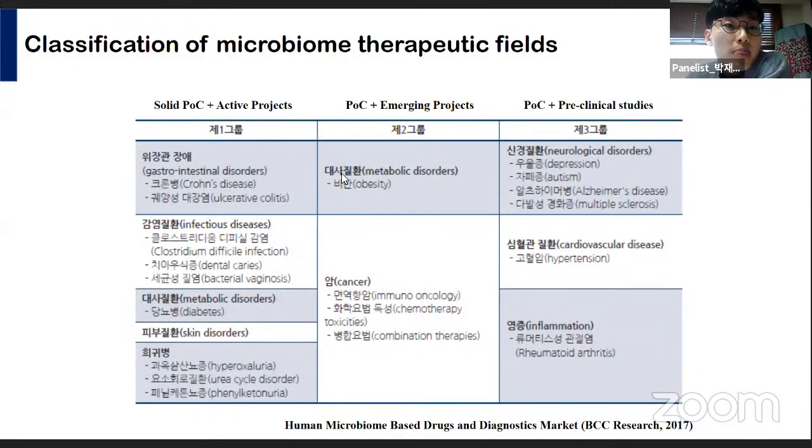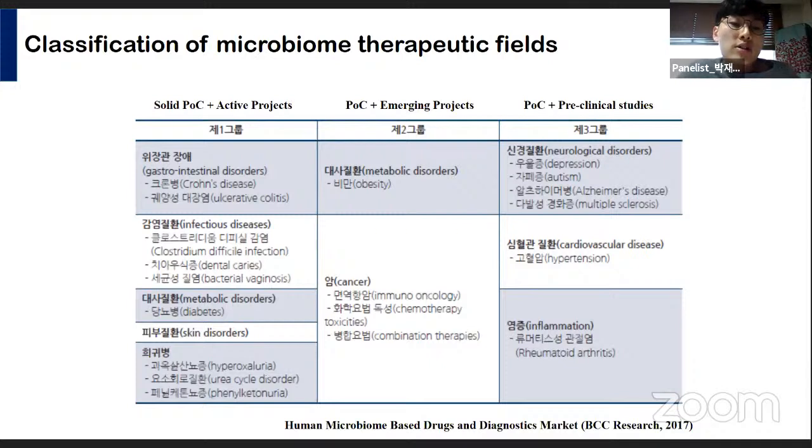We can also classify the microbiome therapeutics into 3 different types of fields. The first group has quite solid proof of concept results. So many different companies are actively developing drugs applying microbiome concepts. It includes gastrointestinal disorders, infectious diseases, metabolic disorders, skin disorders.